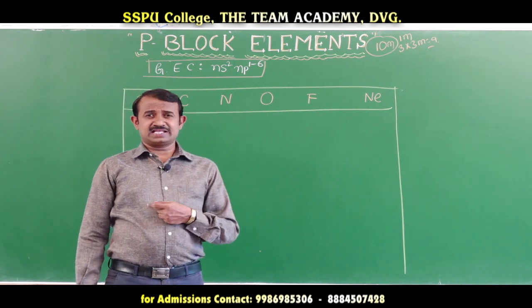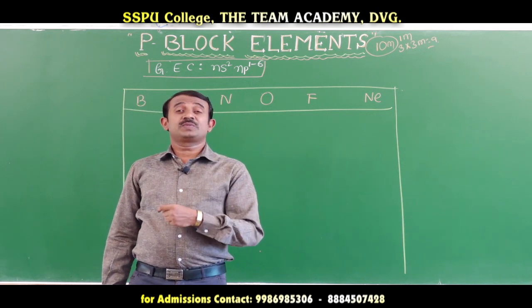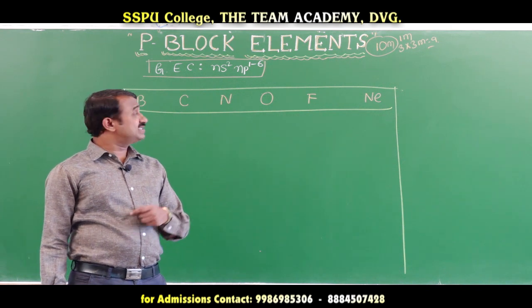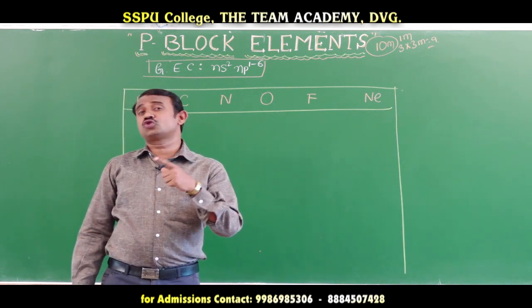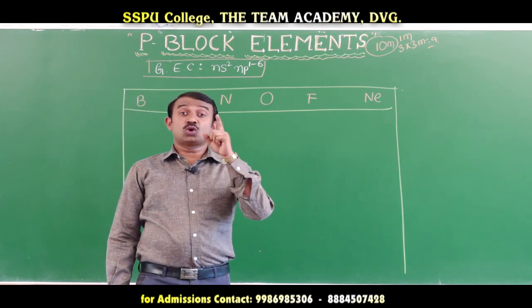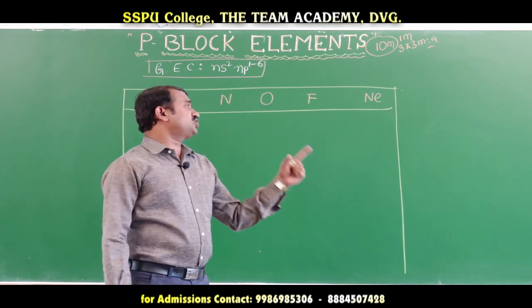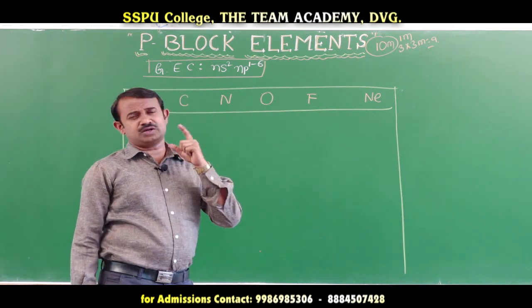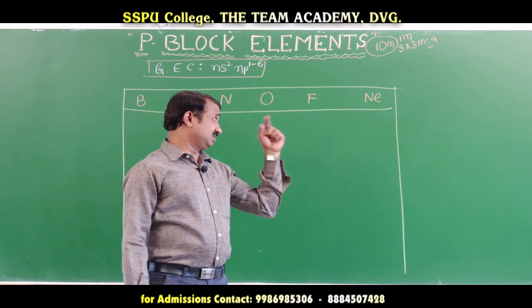Helium is an inert gas, a zero group element, but it is not considered a P block element, because its configuration is 1s2. So among the noble gases, helium is not a P block element.